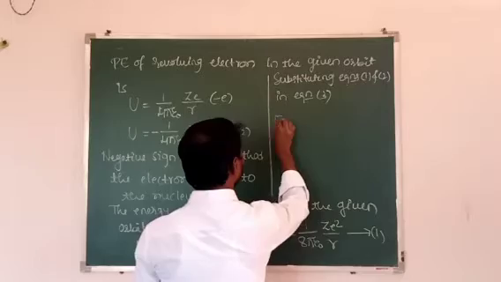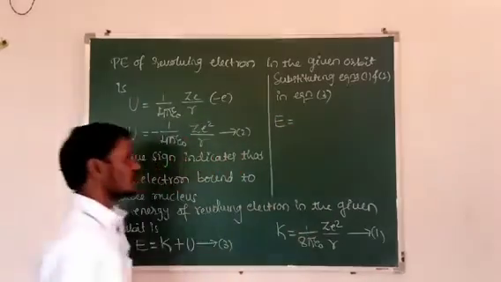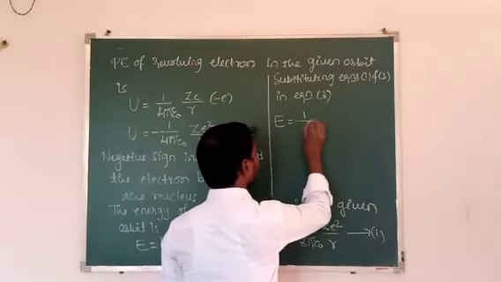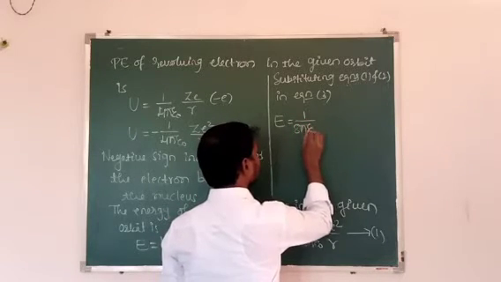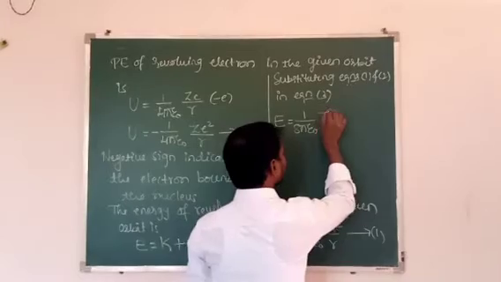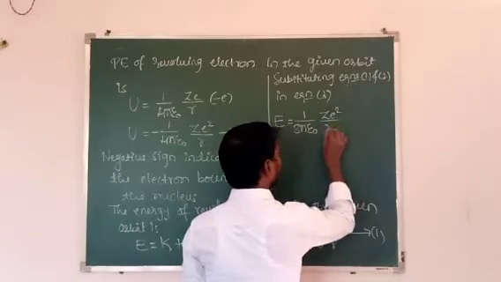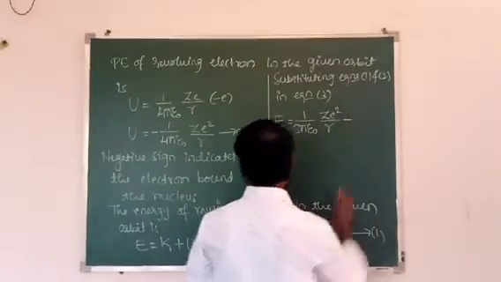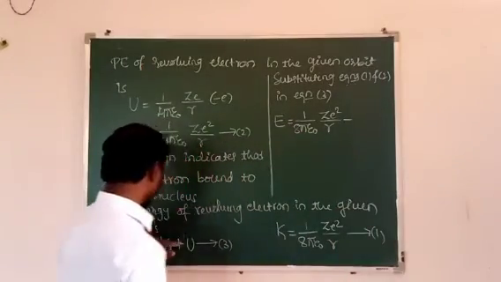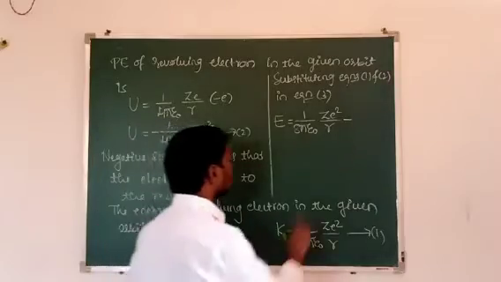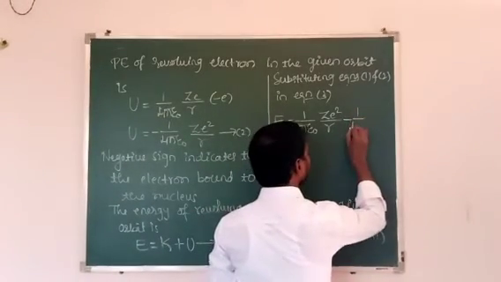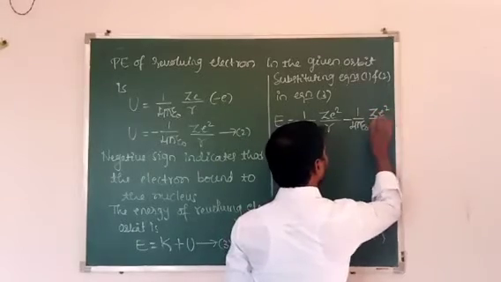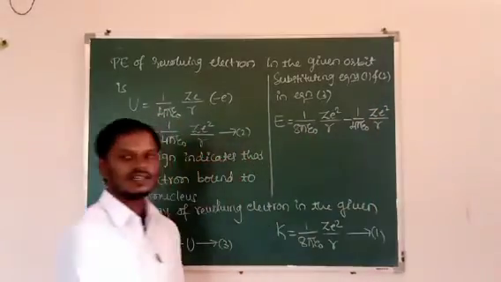That is E is equal to K, which is nothing but here 1 by 8 pi epsilon naught Z square divided by R. Then minus, because plus into minus that is minus, 1 by 4 pi epsilon naught Z square divided by R.